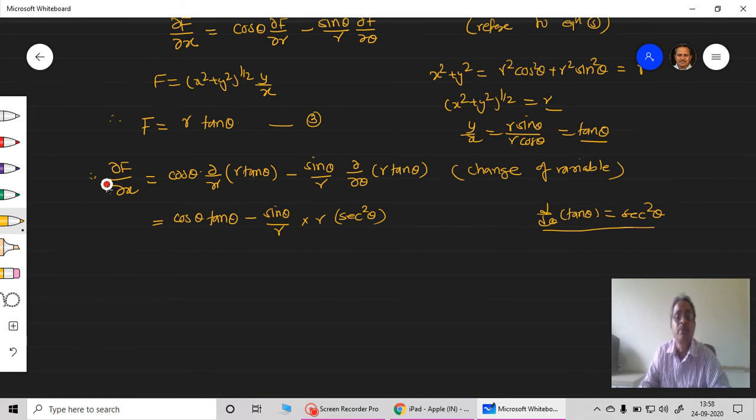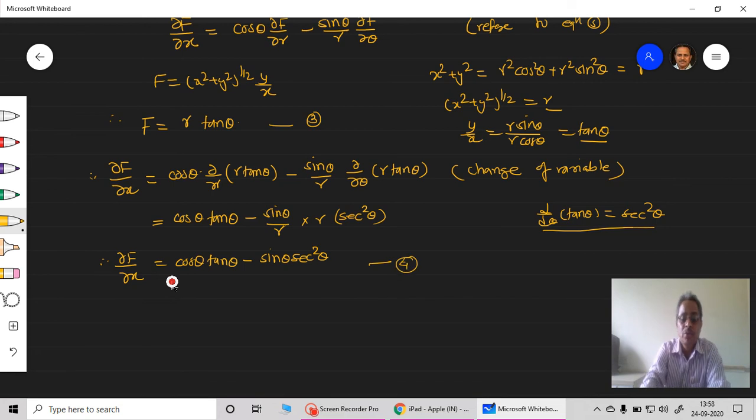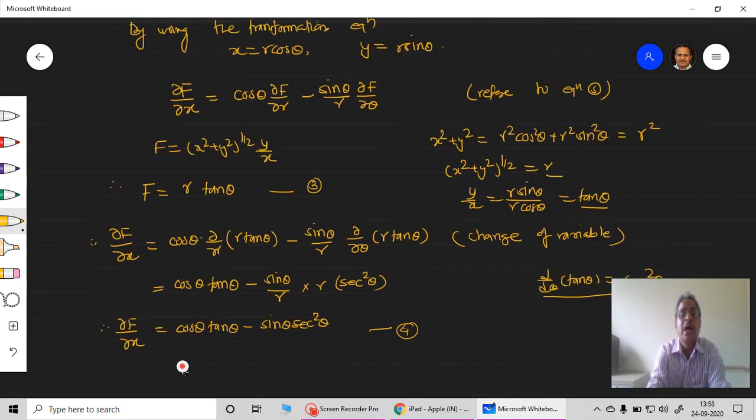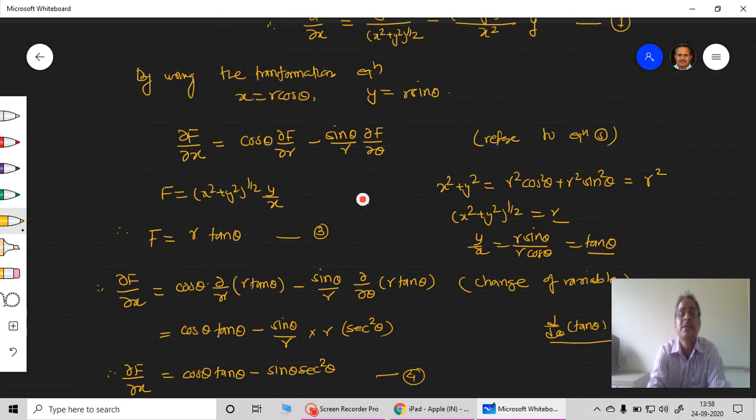Now this r gets cancelled, so next is cos theta into tan theta minus sin theta into sec square theta. So this is my del f upon del x, the partial differential of f with respect to x. But can you see this? Whatever I am getting here, I can call equations 1 and 2, and this is the fourth. So equation 4 is this, and what I obtained by this method is here.